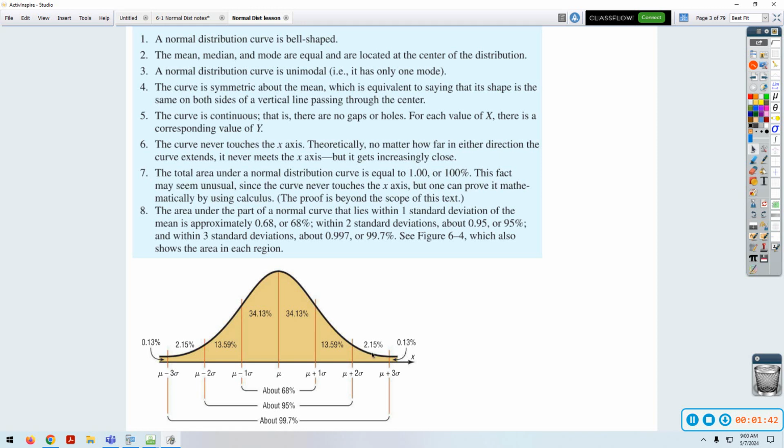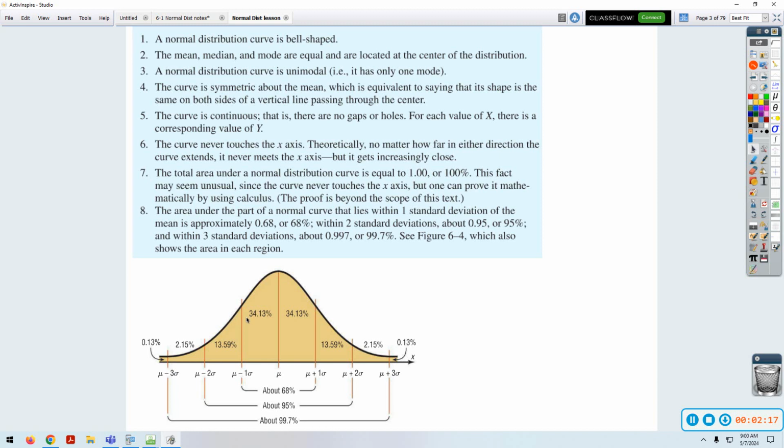We were talking about this data in the shape of a bell-shaped curve, also known as a Gaussian curve. We said that the area under the curve, all the area of the shaded region from left to right, represents 100% of all the data. If you look at number 7, it says it represents 100%, or the decimal 1.00. This is everything for the population.